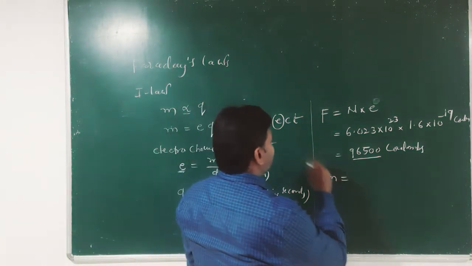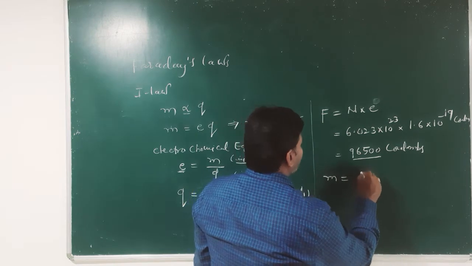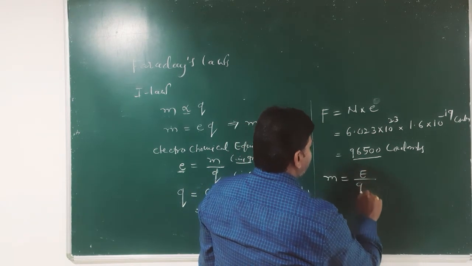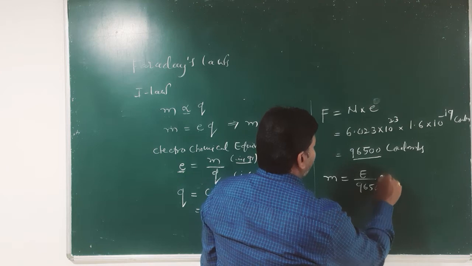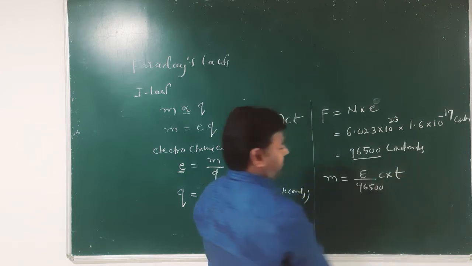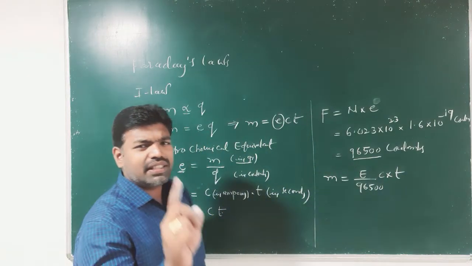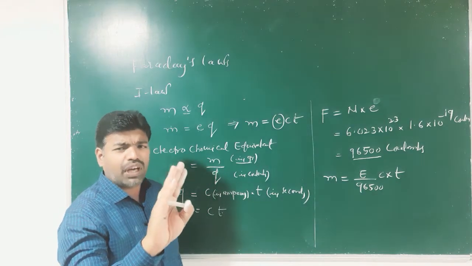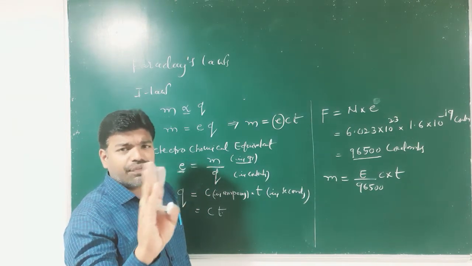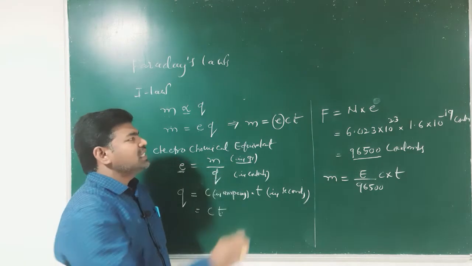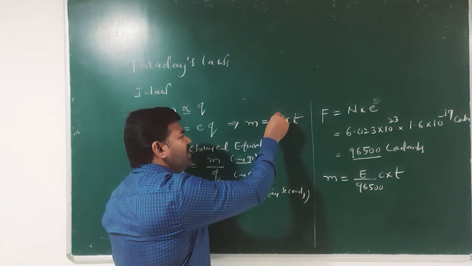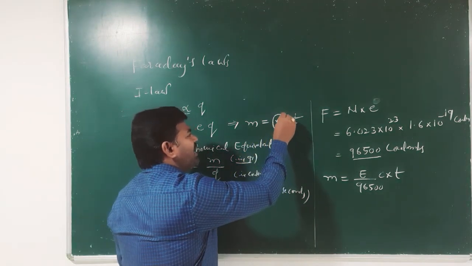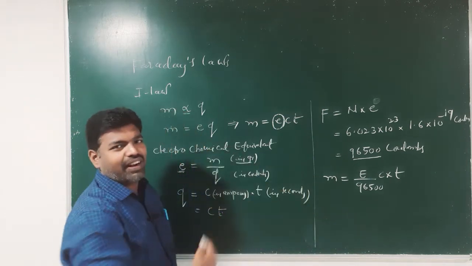So Z is replaced by E by 96,500, into C into T. No need to confuse, it is simple. Here we are replacing the electrochemical equivalent with the chemical equivalent.